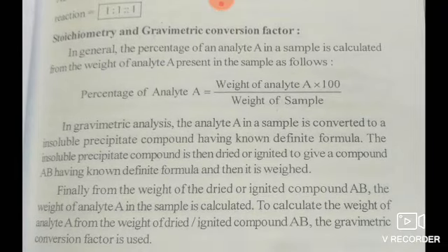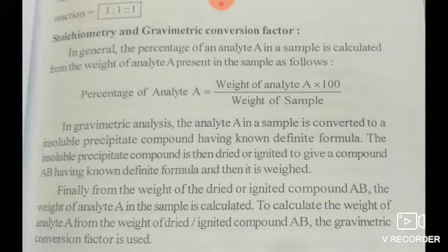In gravimetric analysis, the analyte A in a sample is converted to an insoluble precipitate. As we know, the determination of any component present in the given sample by the gravimetric method is done by using precipitation. So if you want to determine the analyte A, it is converted into an insoluble precipitate or insoluble compound having a known definite formula.